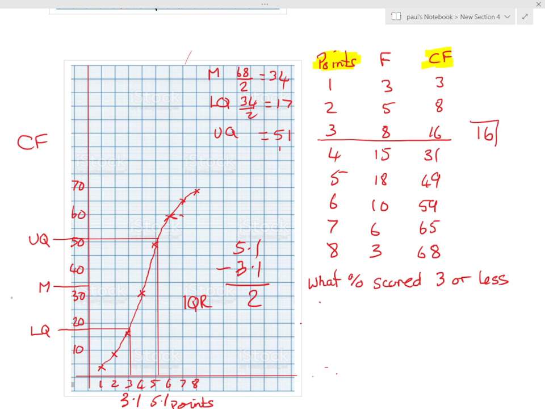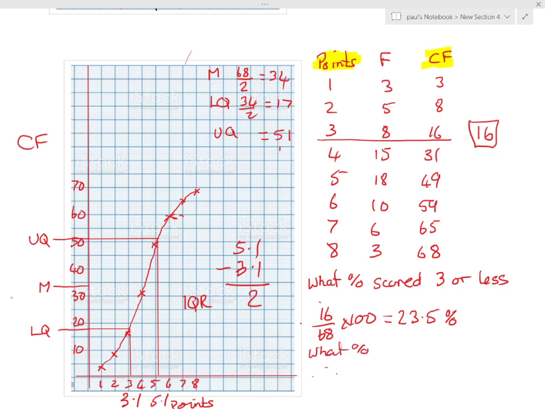So 16 scored 3 or less. There are 68 altogether. So 16 divided by 68 times 100 will give us the percentage. So let's grab the calculator for that one. 16 divided by 68 times 100 is 23.5%.